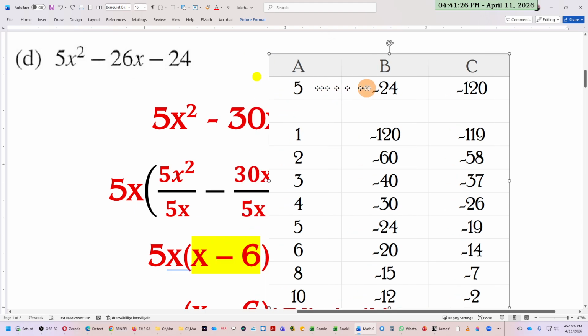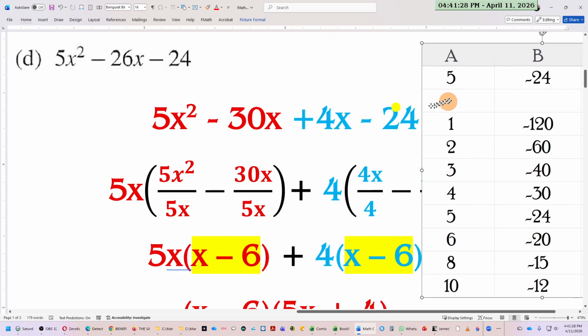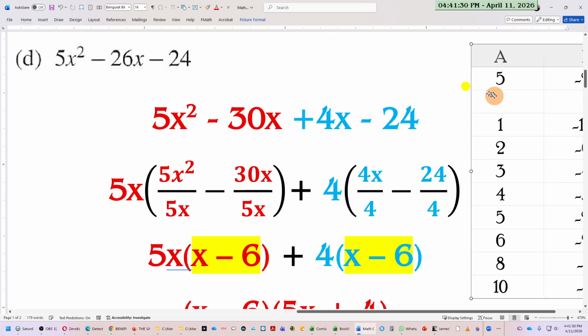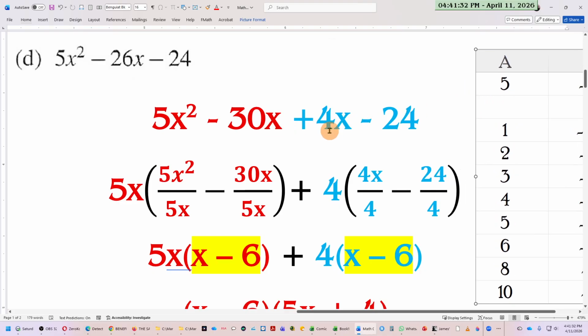So we want to rewrite our expression so that we have 4 and negative 30. Now, I prefer to have my positive sign in the middle. Sometimes that's unavoidable, but if possible, it's easy to have the positive sign in the middle. It's going to make it easy for us later on.